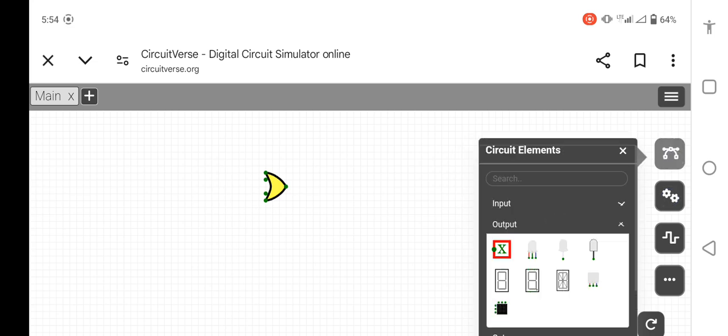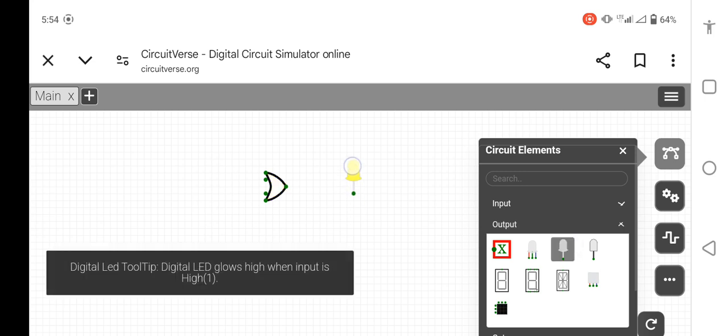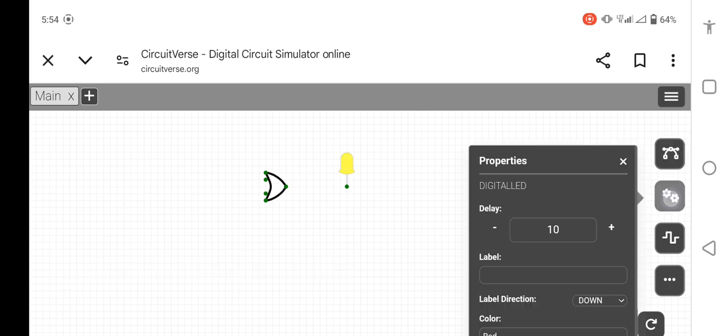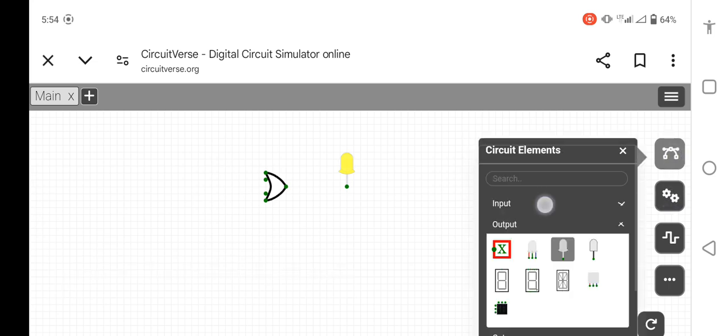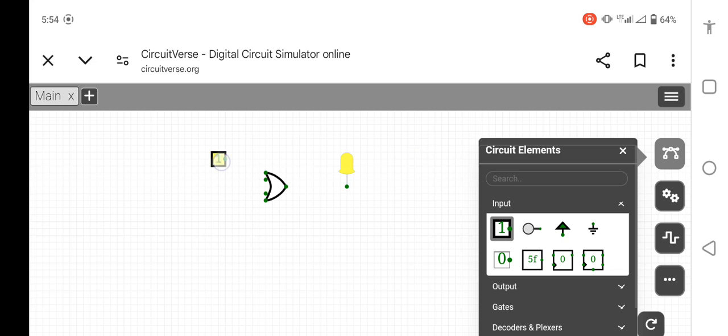Then the output is 1. This is the input. We have 1, 2, 3, 4.